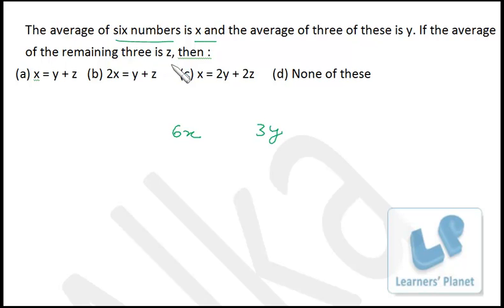Average of the remaining 3 is z, that means the total of these remaining 3 numbers is 3z. Now this is the total of the first 3 numbers, this is the total of the next 3 numbers, so this plus this is the total of all 6 numbers, and the total of all 6 numbers is 6x. So 6x is equal to 3y plus 3z. So what we can say is y plus z is equal to 2x. Pretty simple.